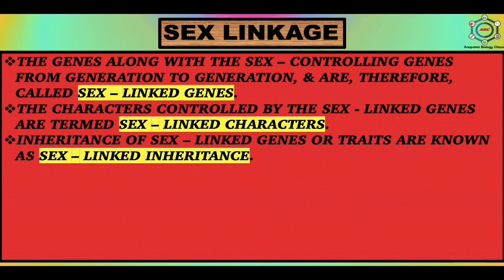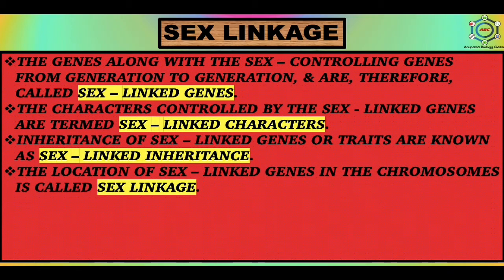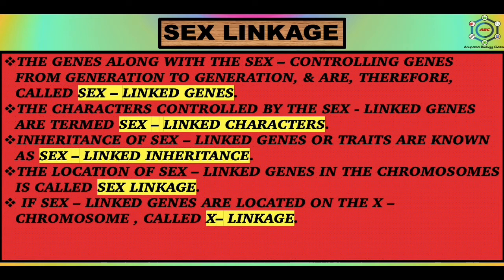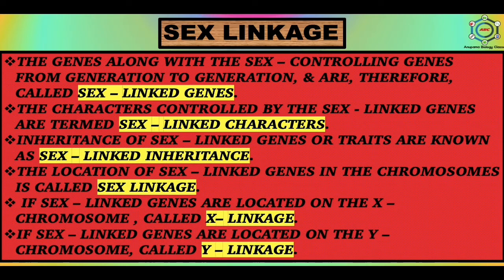Inheritance of sex linked genes or traits is known as sex linked inheritance. The location of sex linked genes in the chromosomes is called sex linkage. If sex-linked genes are located on the X chromosome, it is called X linkage, and if they are located on the Y chromosome, it is called Y linkage.